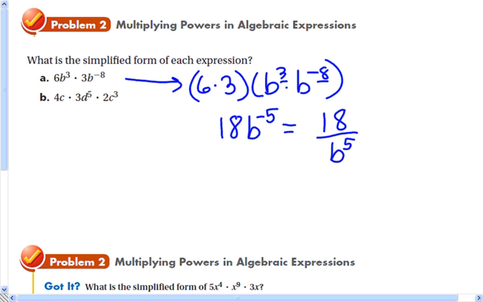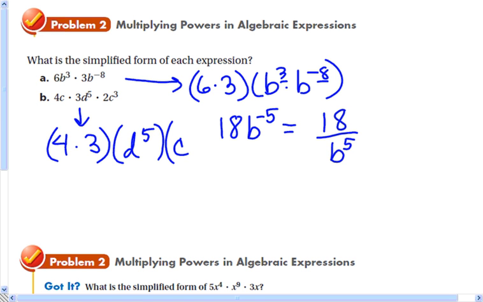Okay, here again I want to combine the numbers that aren't variables, so the 4 and the 3, we want to put those together. Then we want to put the same bases together. And so I'm using the associative and the commutative properties to do this. And so I get 12 times, and then I'm going to do my C next because I like them to be in alphabetical order.